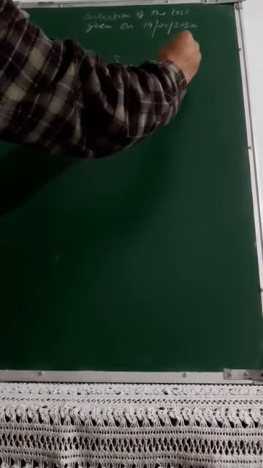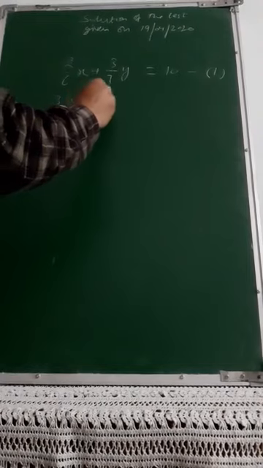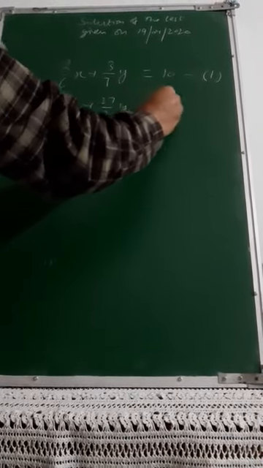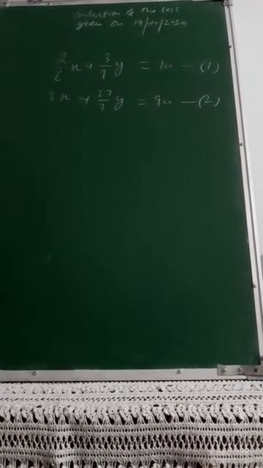First equation was 2 upon 6x plus 3 upon 7y is equal to 10, and second equation was 3x plus 27 upon 7y is equal to 90. That is your equation number 2, and you are supposed to solve these two equations for the value of x and y.